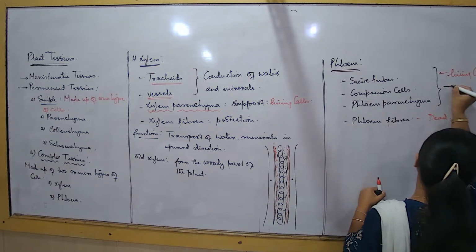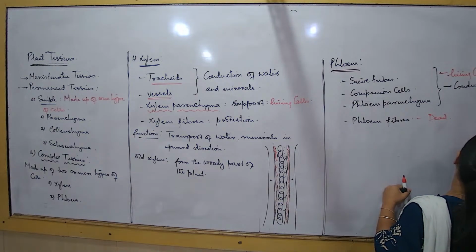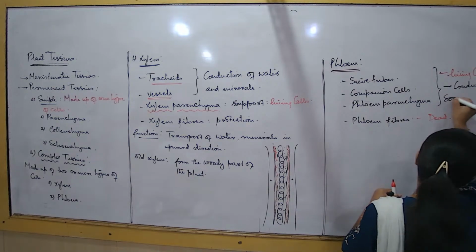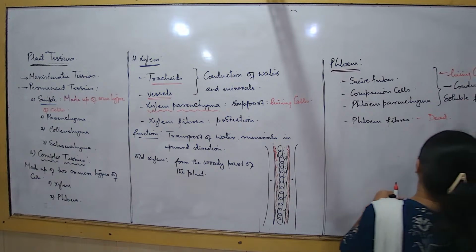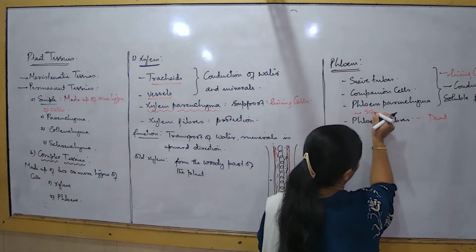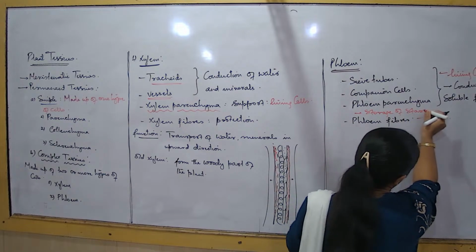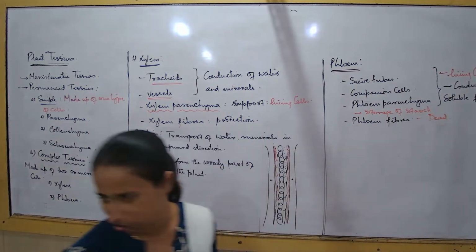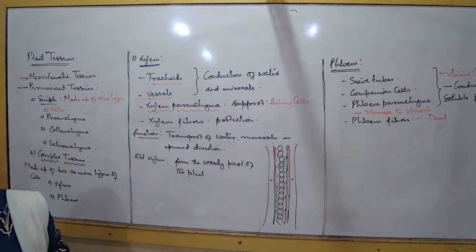The sieve tubes and companion cells are the cells involved majorly in the conduction of the soluble food. The parenchyma also helps in the storage of starch and other storage functions. The function of the fiber more or less remains the same.